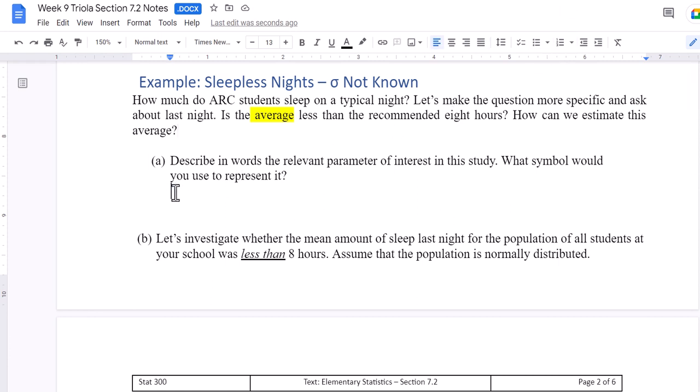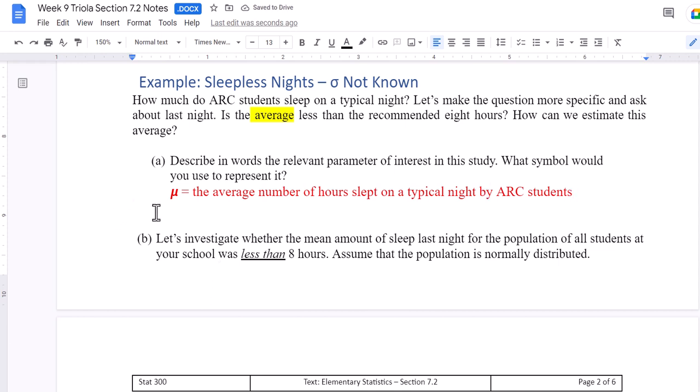We're going to say that the parameter is the average number of hours slept on a typical night. And because we're dealing with a population parameter, our symbol is going to be the Greek letter mu. So mu is the average number of hours slept on a typical night, and we can be a little more specific and say by ARC students. So that is our parameter.